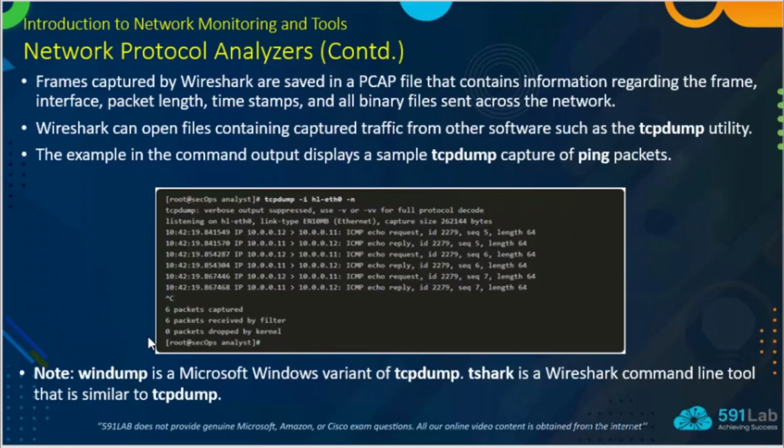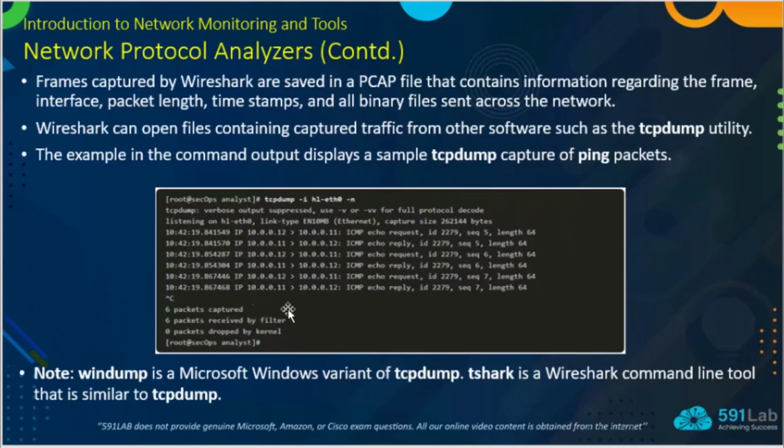Wireshark can open files containing captured traffic from other software, such as the tcpdump utility. So we can capture a file with tcpdump and use Wireshark to open it.